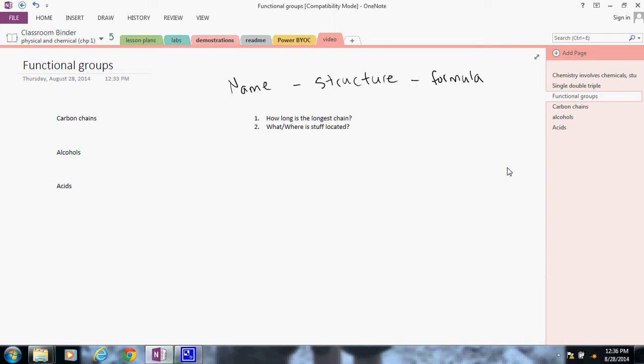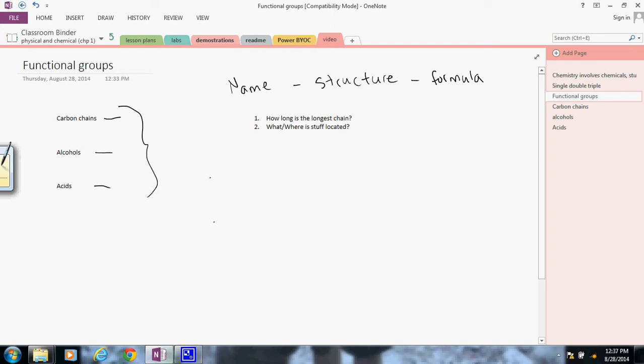Today we're going to look at what are called functional groups, the bells and whistles, essentially. We're going to look at what happens if you take another carbon chain off a carbon chain, alcohols, and acids. All of this naming process is essentially the same.